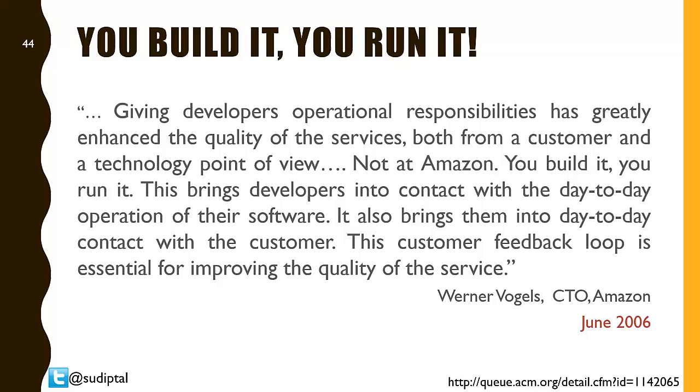As this quote says, the customer feedback loop is essential for improving the quality of the service. So as early as 2006, you see that Amazon had blurred the lines between dev and ops. They made sure that people who are building a particular service are responsible for supporting the customers who are using that service. And that was the best way for them to make sure that the service gets further and further strengthened.